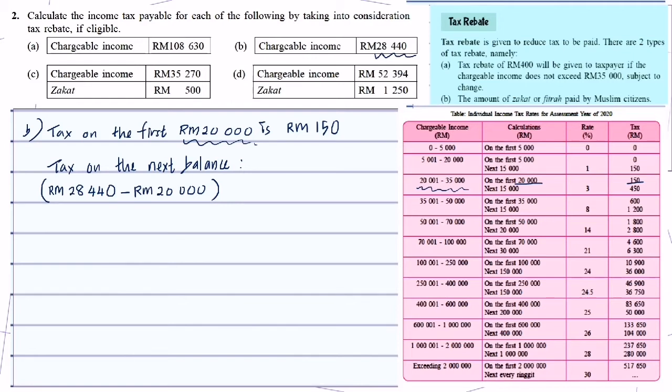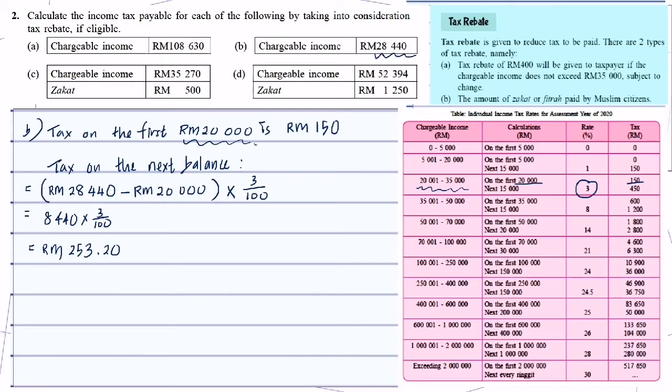Refer to the table again. What is the rate? It is 3%. So you times 3% or 3 over 100 also can. So you obtain 8,440 times 3%, and the tax on the next balance is 253 ringgit 20 cent.